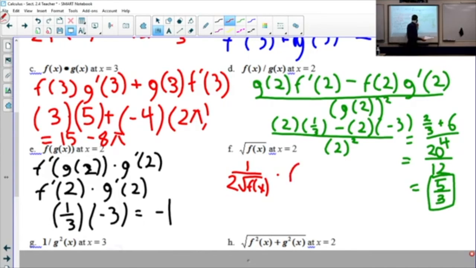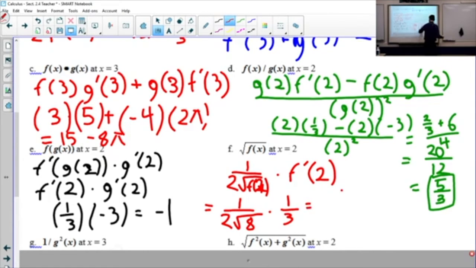Derivative of f of x is f prime of x. So we'll plug in 2 for each of those spots. So this is going to equal 1 over 2 times the square root of f of 2, which is 8, times derivative of the inside part. F prime of 2 is going to be 1/3.